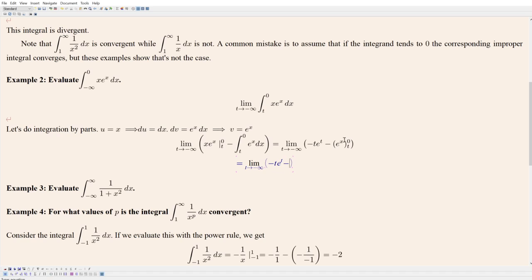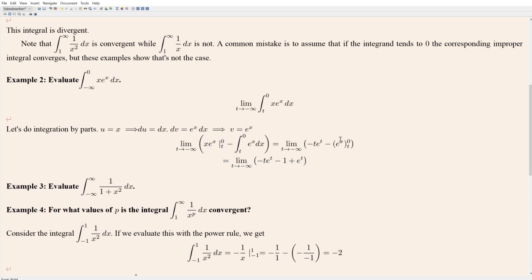So let's see, if we plug in 0, we get e to the 0, which is 1. If we plug in t, we get e to the t. And then this minus sign has to distribute, right? Because this is 1 minus e to the t, and then I flip the signs there because of this minus. So, got to be a little careful with that.